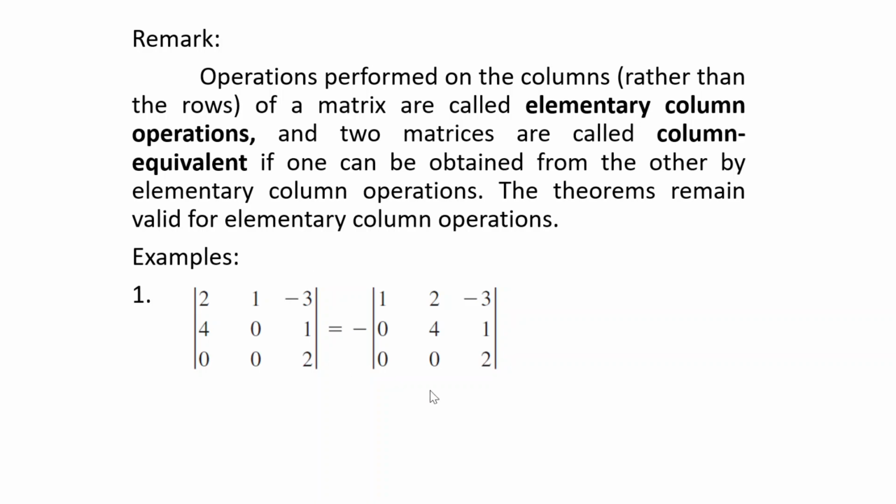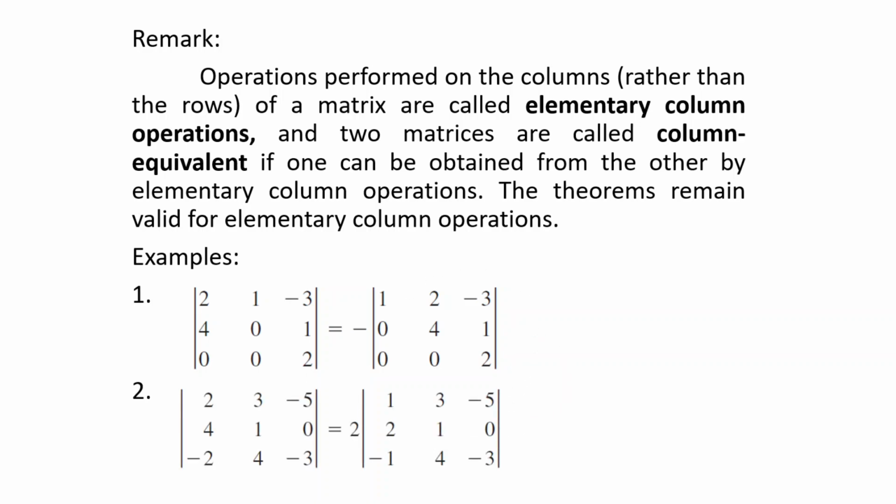For example, in here, we interchange columns 1 and 2. And so we get the negative of the determinant of this matrix. So we apply the same theorem that we have discussed for the row operation. Next, we have here column 1 multiplied by 1/2, so that becomes 1, 2, and then negative 1.